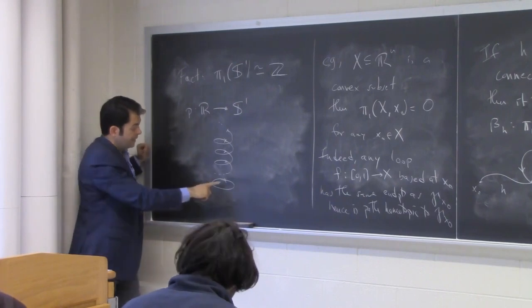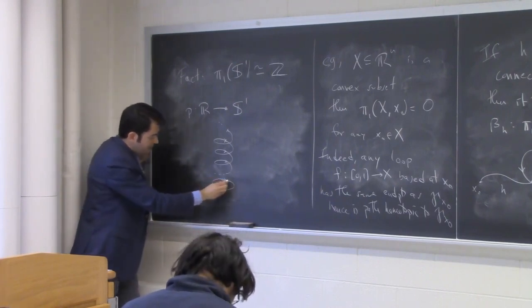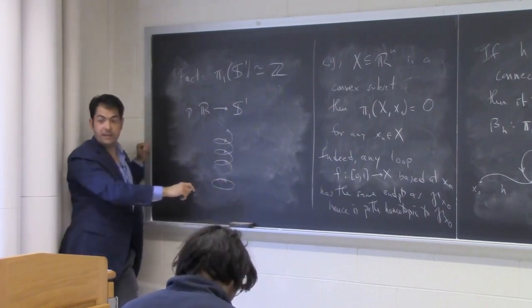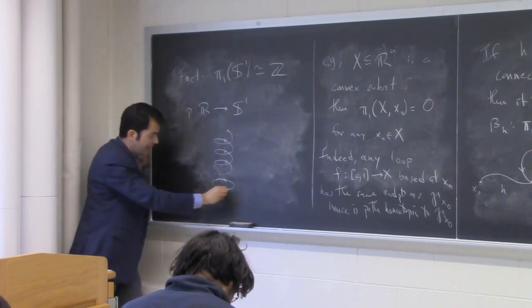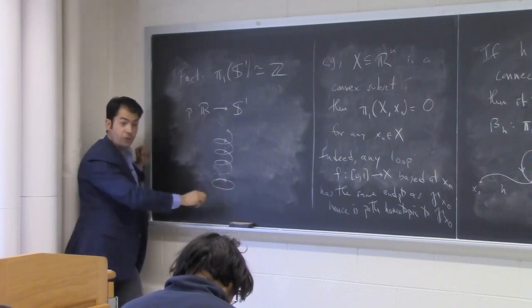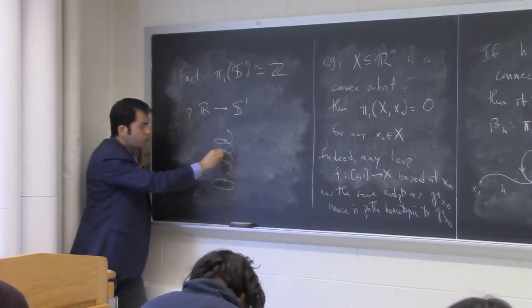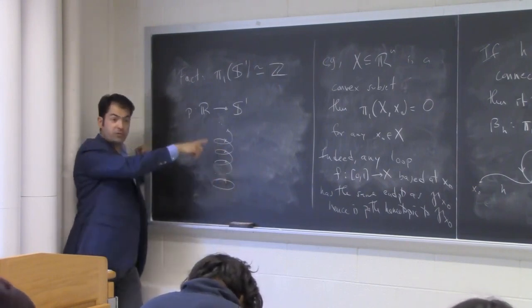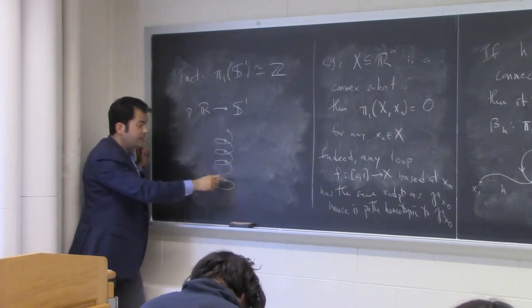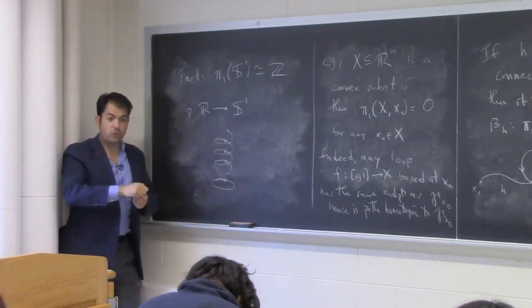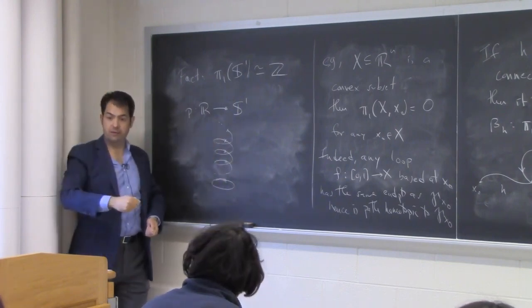Right? And the beautiful thing about this map is that if you have some path on the circle, like a loop, you could choose any one of these points lying above it, and then once you've made that choice, there's a unique lift of your path, right?